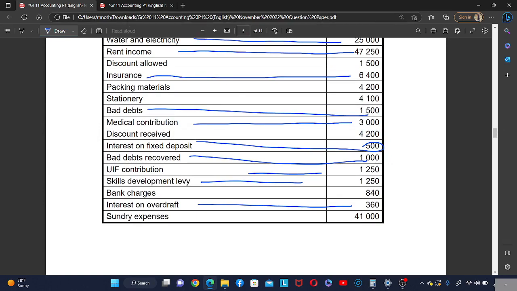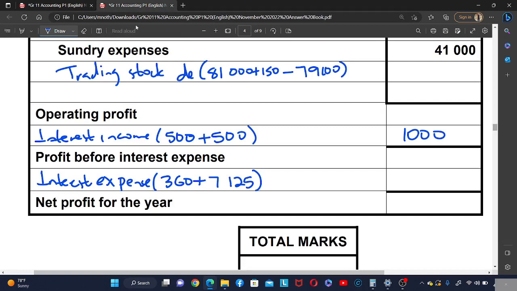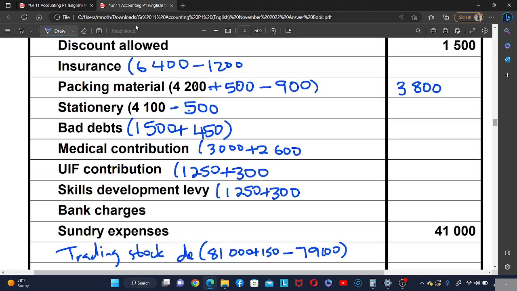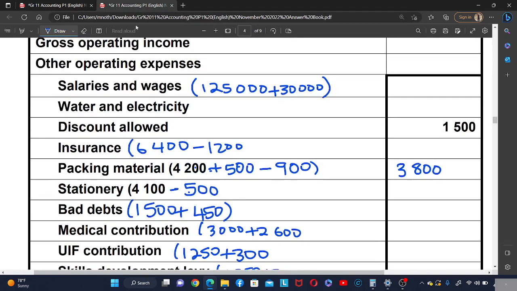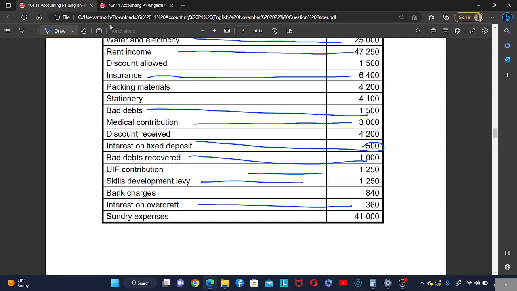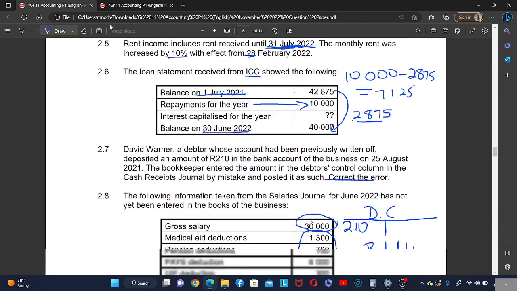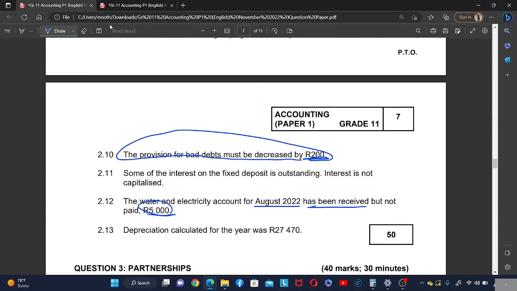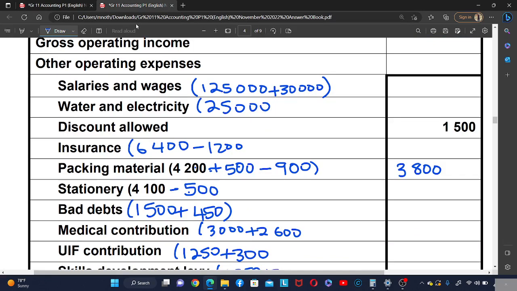That is 25,000. Then the transaction accrued expense of 5,000 plus 5,000.